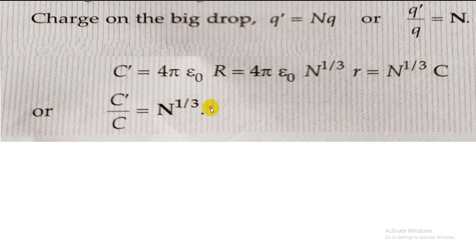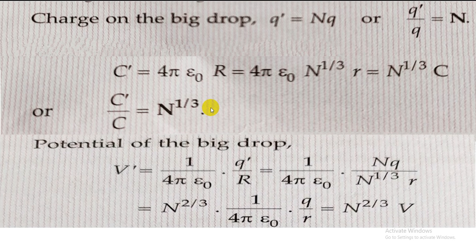Clear? Now we move to the last part of the question, where the potential of the bigger drop is to be compared with that of the smaller drop. So the formula is 1 by 4 pi epsilon naught, q dash, the charge on the bigger drop, divided by R. The value of q dash is nq, and we have the value of capital R also, so we write it here. So here it is 1 and it is 1 by 3.